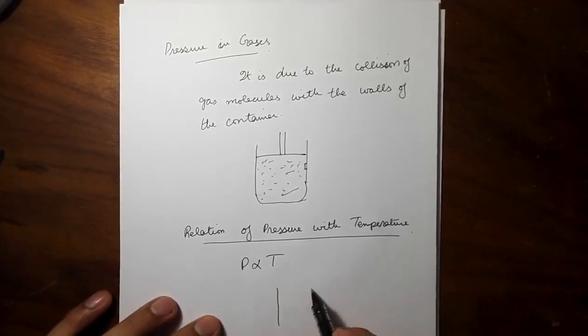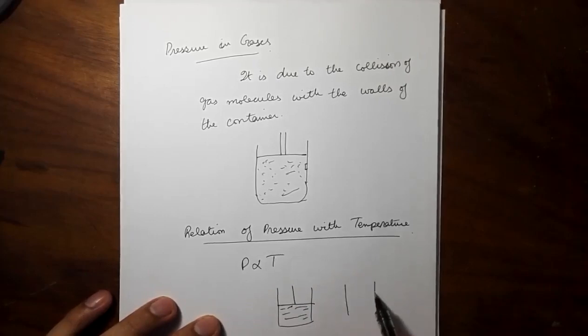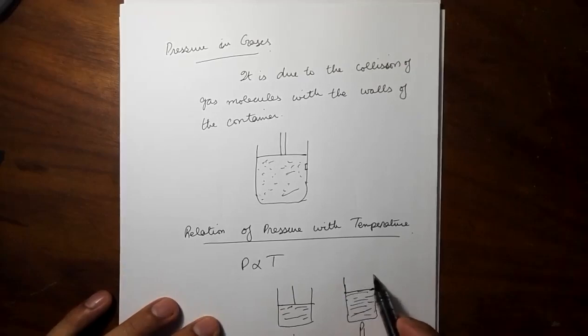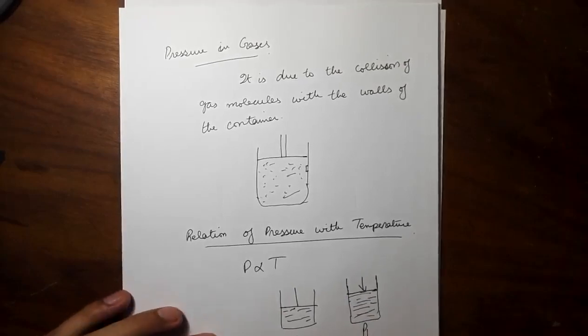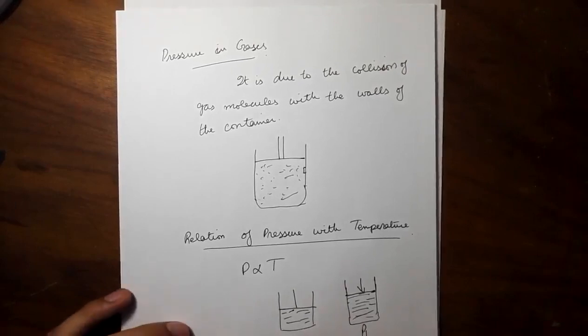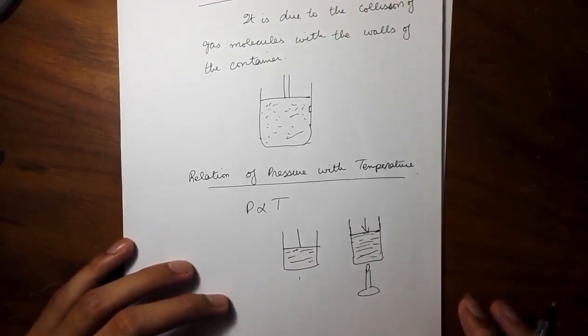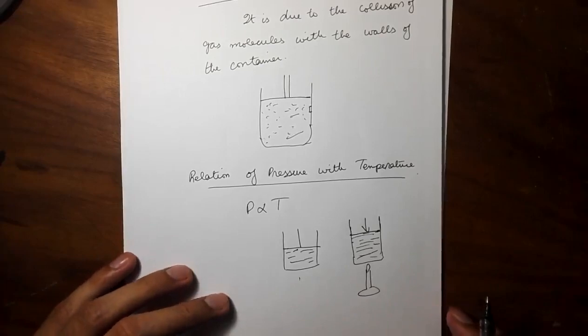If there is a container over here, its piston is at this position. When you increase the temperature by placing a Bunsen burner over here, then the pressure of the container will be increased. But over here, you should keep the volume of the gas constant. Then the pressure of the gas will be increased.